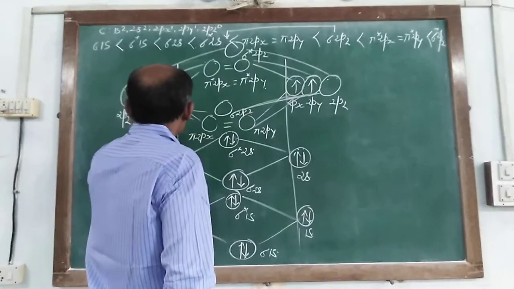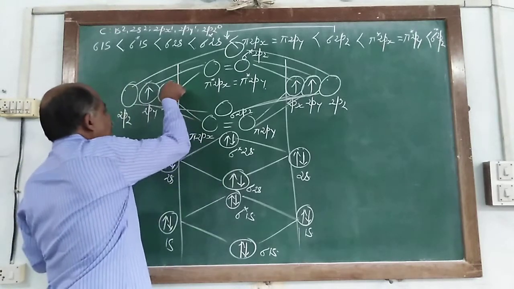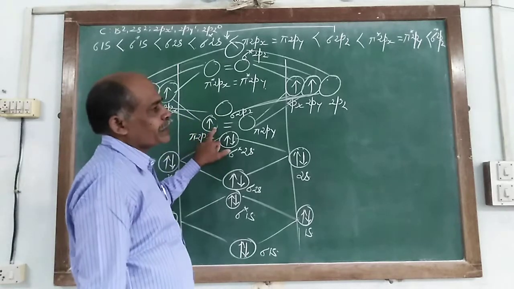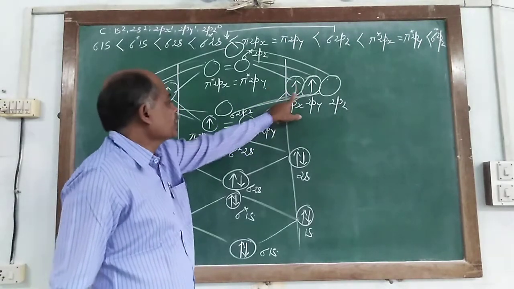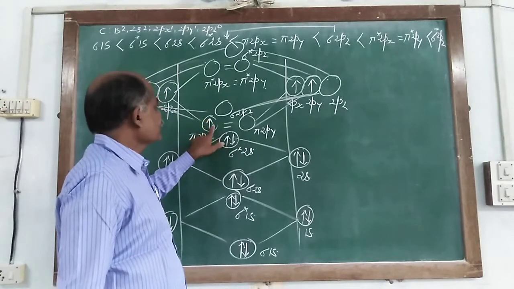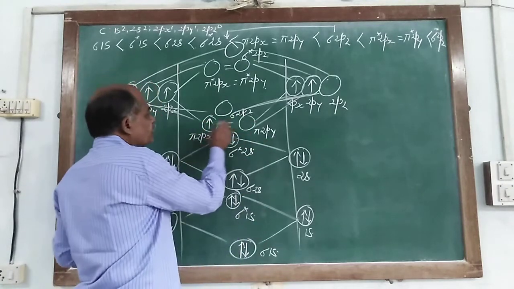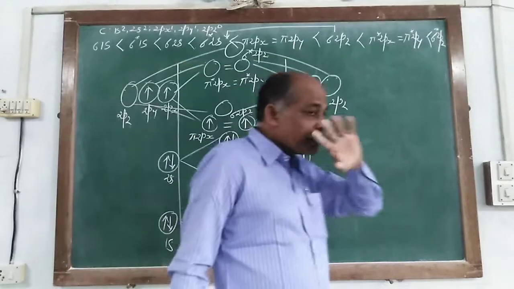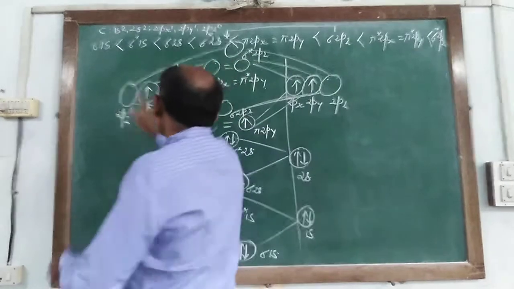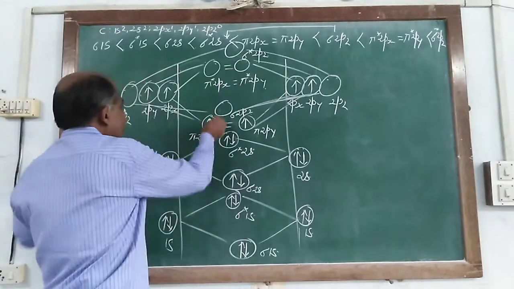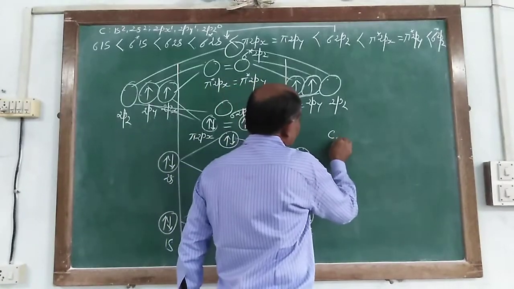Now each of the p orbitals, px and py, has 1 electron, so they go only into the bonding molecular orbitals. Since 2px and 2py have similar energy, the electron immediately migrates to the other degenerate orbital, the pi 2py orbital.